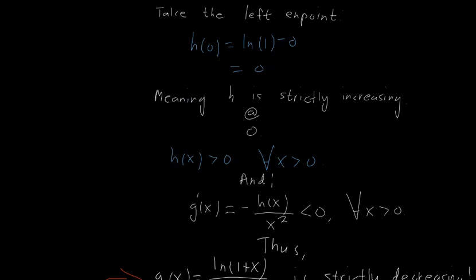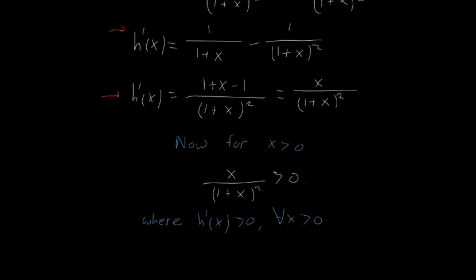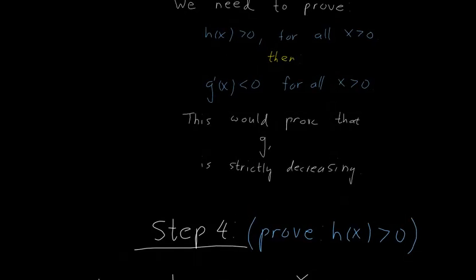And your g prime of x, if you were to take g prime of x, you have g of x. We have to look at g prime of x because that was in our formula here. We have to figure out g prime of x being less than 0 for all x greater than 0.